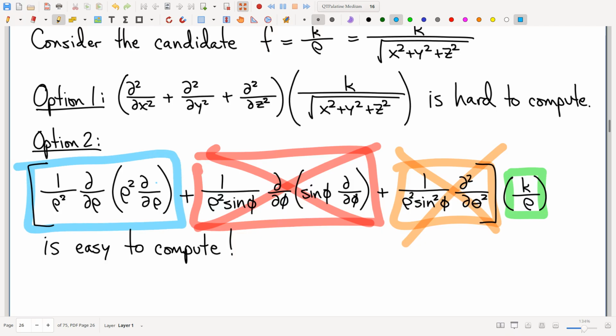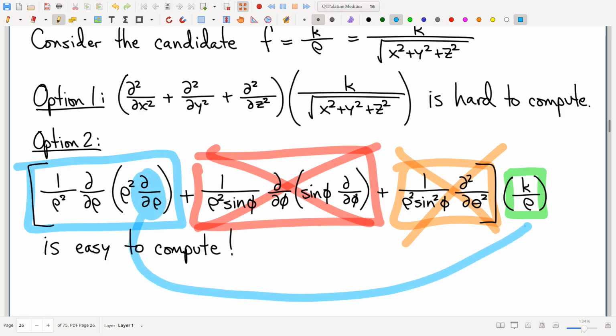Now those are gone, but we do then have to consider this last term. Very first thing I have to do is take a rho partial. This does have a rho in it. So I can't just celebrate the immediacy. I'm going to have to actually do one. So I'm going to get negative k over rho squared, and I'm going to multiply by rho squared.